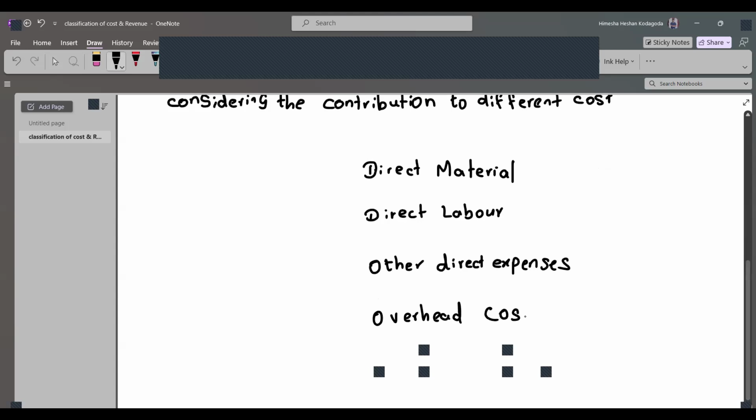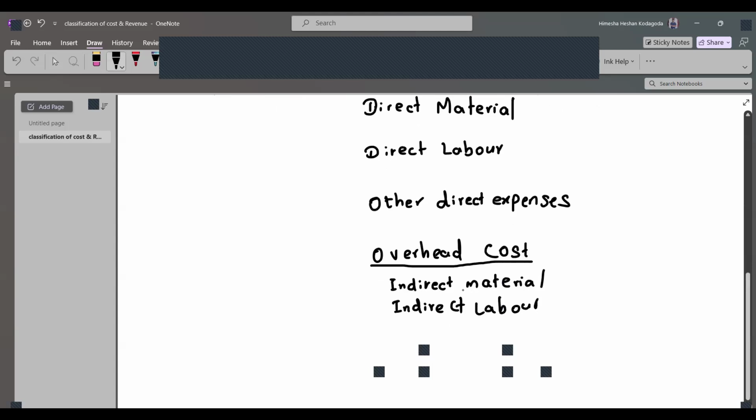Overhead cost means, under that, indirect material, indirect labor, and other indirect costs.